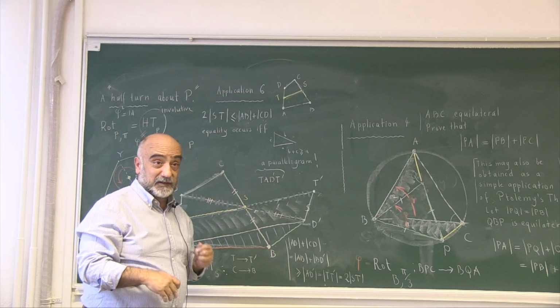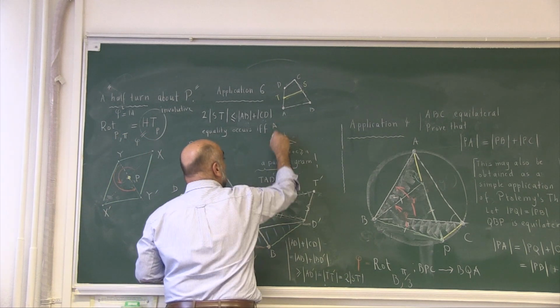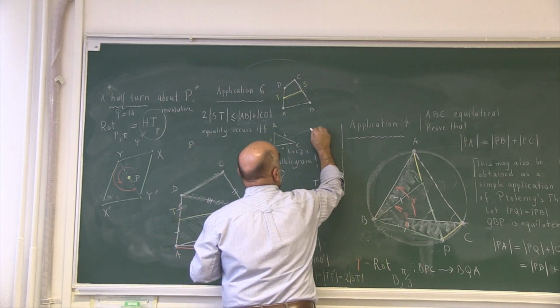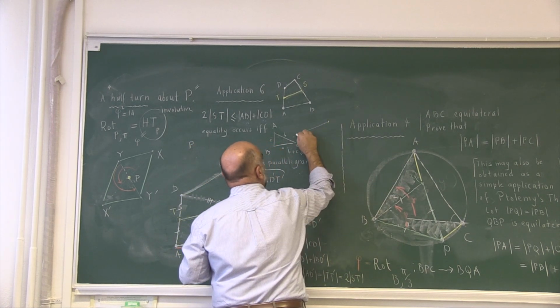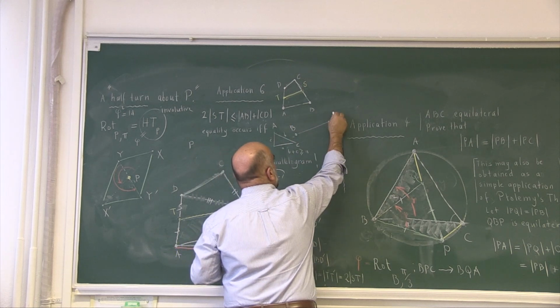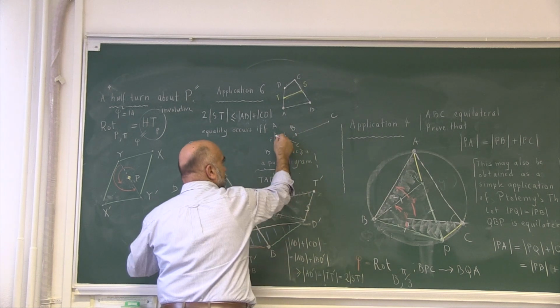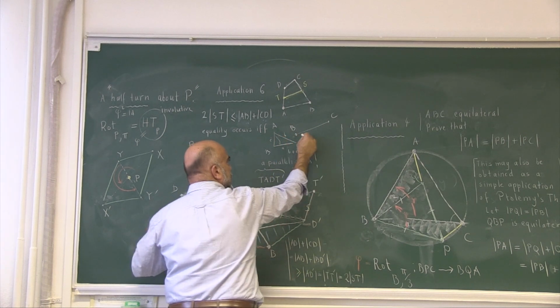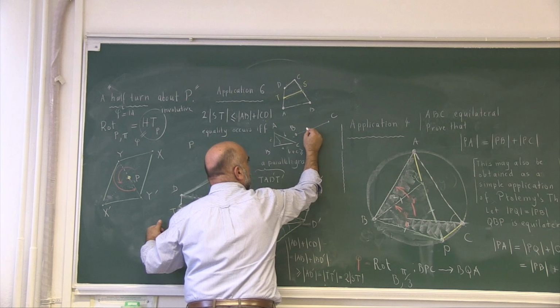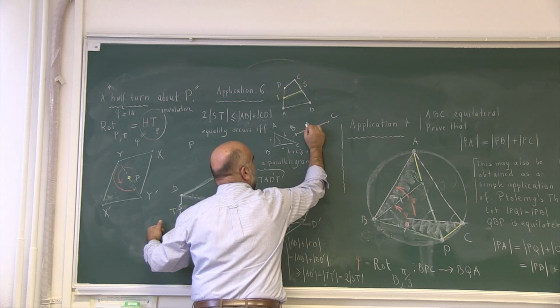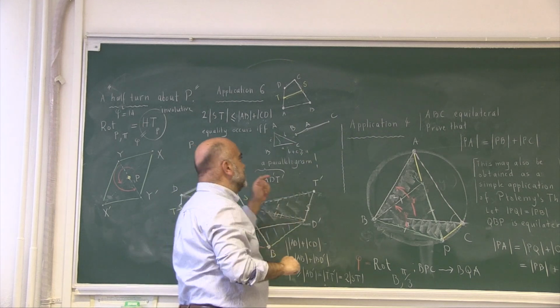Well, that happens if and only if your triangle actually degenerates into a line segment and the vertex A creeps onto the line segment BC.